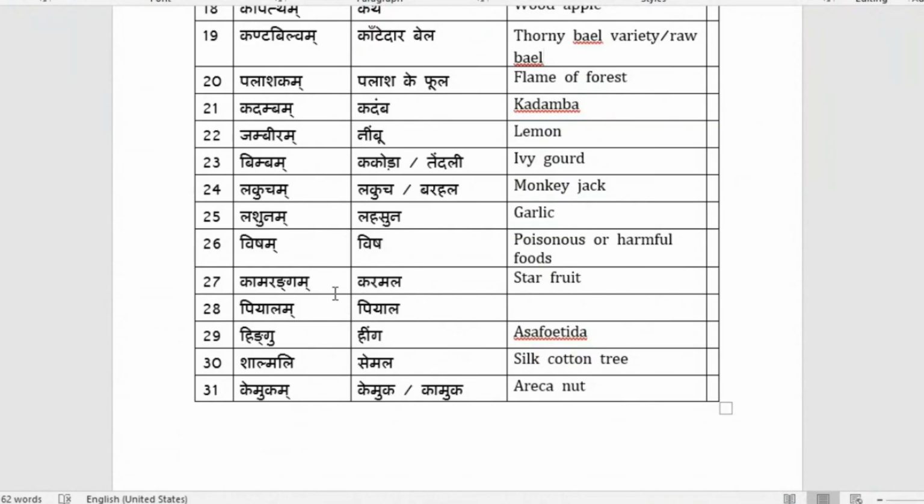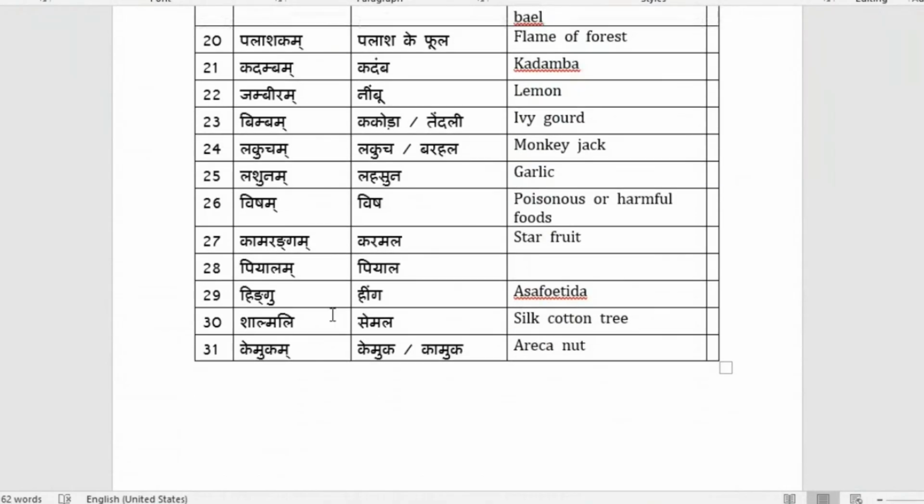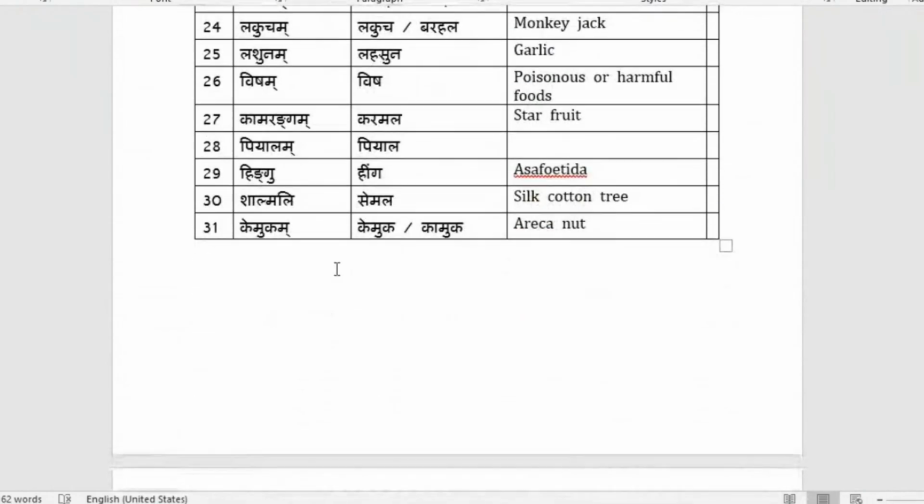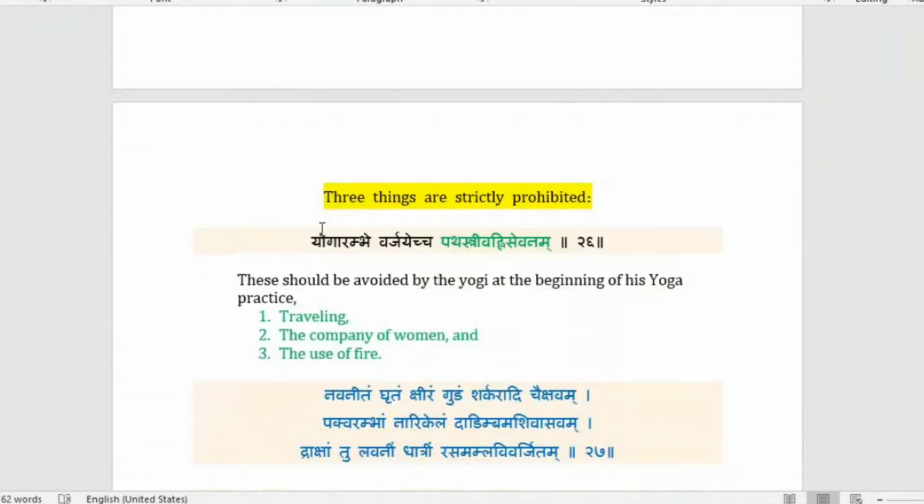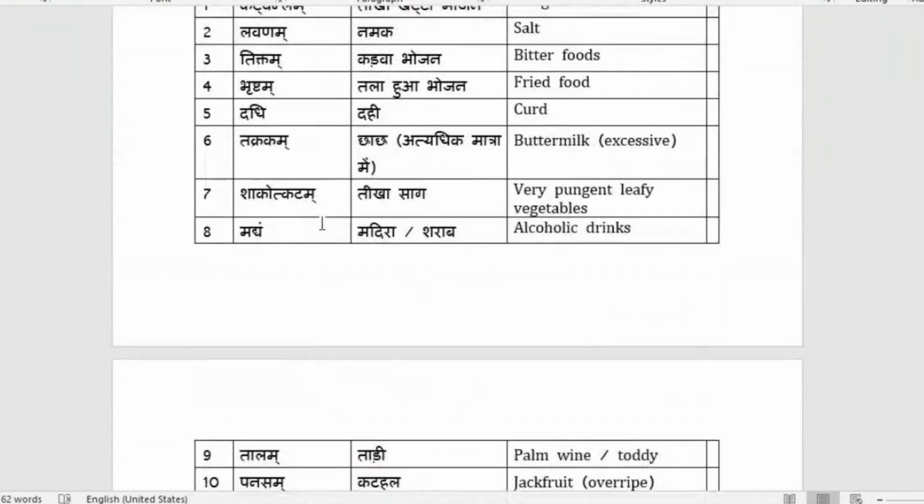Then is karamarda, that is star fruit. Karamal, yes, star fruit. Piyalam, I couldn't find the English word for that. Hing, we know, asafoetida. Shalmali, silk cotton tree, semal. Kemukam. So these are the fruits that are to be avoided.